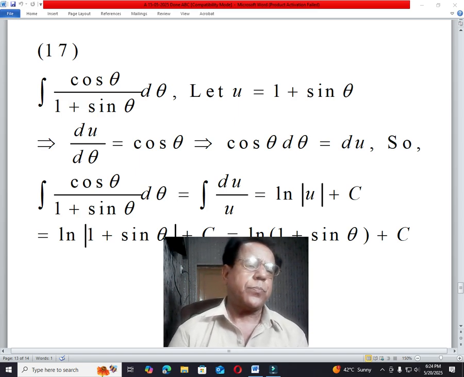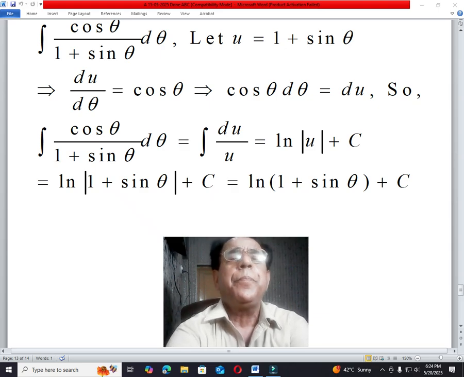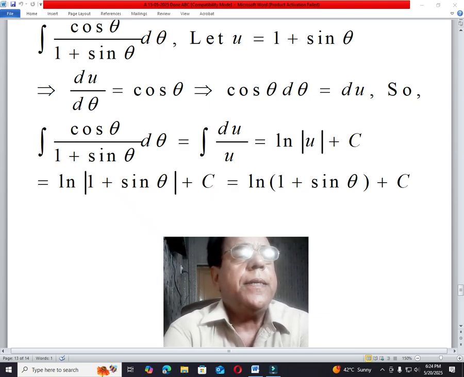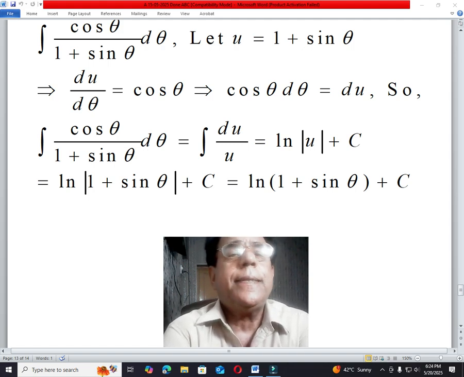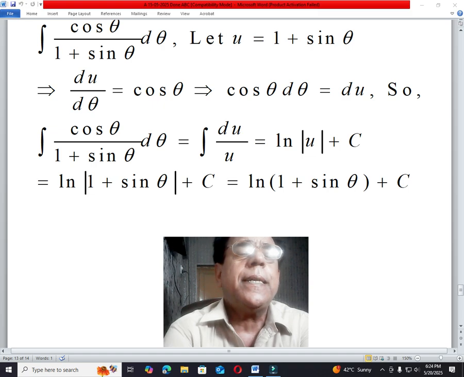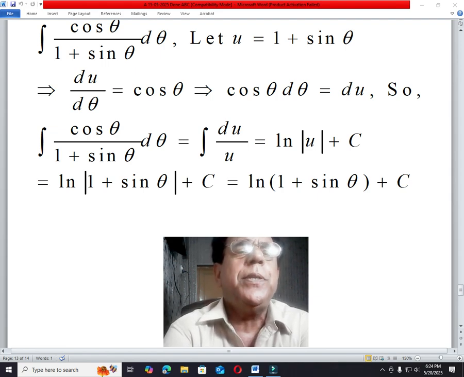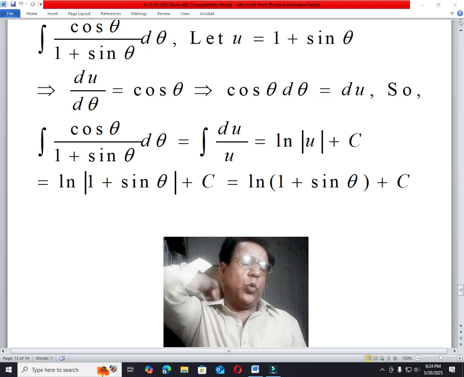So the given statement, integral cos theta over 1 plus sine theta d theta, becomes equal to integral du by u. Now in the next step we are going to integrate it as per rules of integration, and we know that the formula of log absolute value will be used.